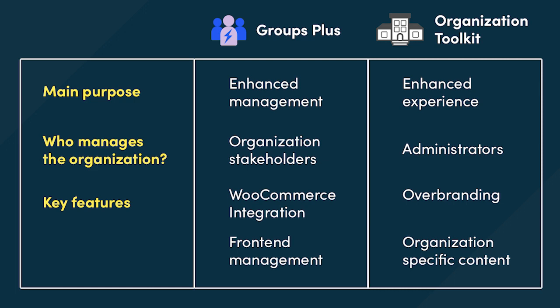And on top of that, you can change bits of content in courses potentially as well. So it creates some shortcodes that allow you to show certain content only to people in certain organizations. So there are a few bits of functionality that are designed to enhance that overall experience for people in these organizations.